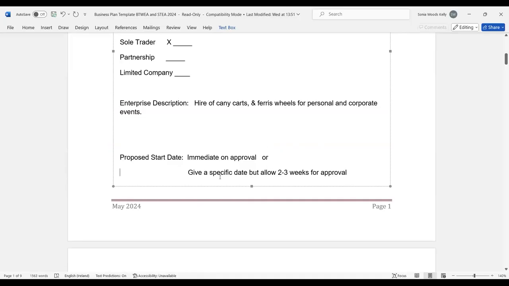Or if you want to give a more specific date, allow a maximum of 3 weeks for the approval process to take place. So include a date from the date of your application at least 3 weeks out. And this can be included as your proposed start date. However, either option will be acceptable.